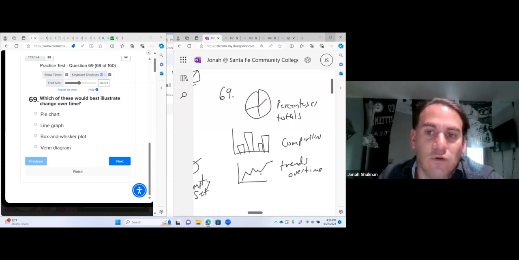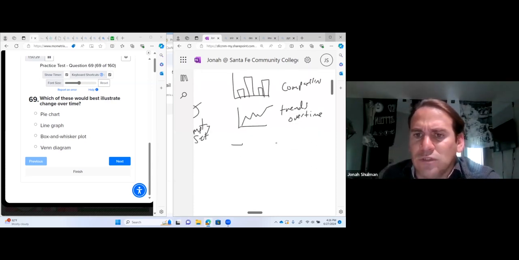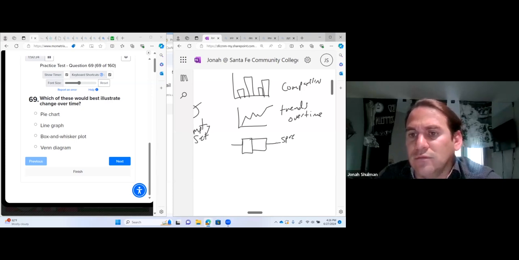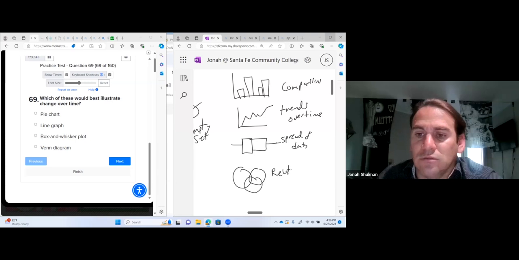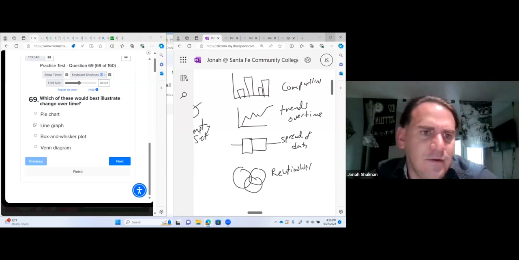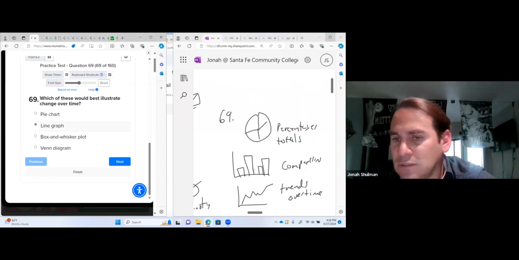There's more. The box and whisker, the one that I drew before, this shows the spread of the data. And this one, the Venn diagram, shows relationships. So changes over time, line graph. Beautiful. So remember, comparing groups like men and women is the bar, percentages or totals the pie.